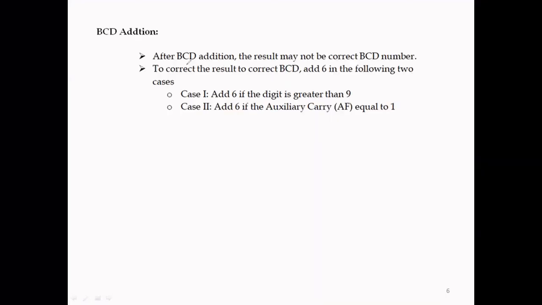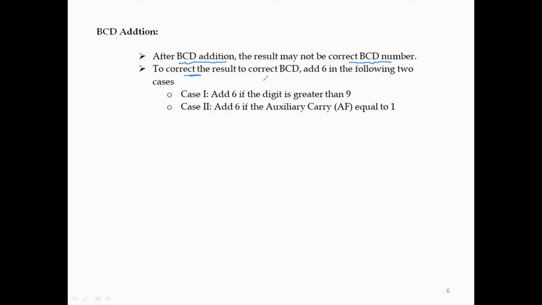So when you add two BCD numbers, sometimes the result may not be a correct BCD. BCD digits are 0 to 9, so the result should also have decimal digits 0 to 9. But instead, the result may have digits A to F: A, B, C, D, E, F. When a digit in the result is greater than 9, it is converted again into BCD, 0 to 9 only.